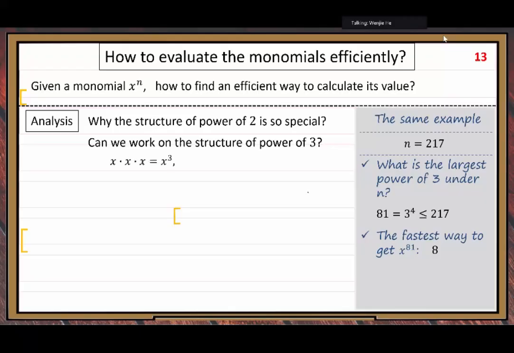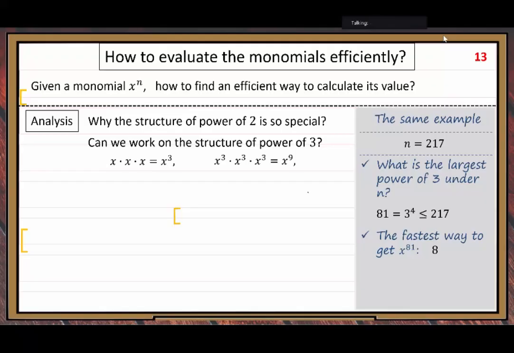Let me show you the work. To get the first cube, x to the 3rd, we need 2 multiplications. This time, cube operation, you need a 2, not a 1. The second round, another 2 multiplications, you get x to the 9th.